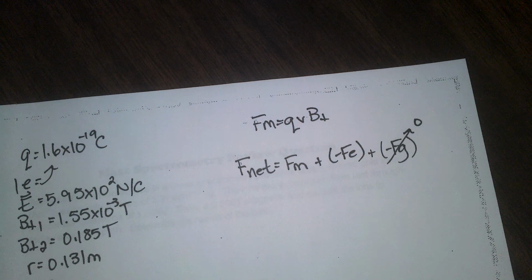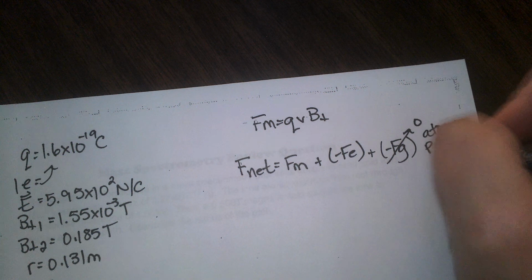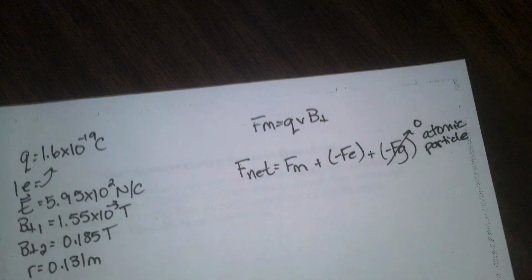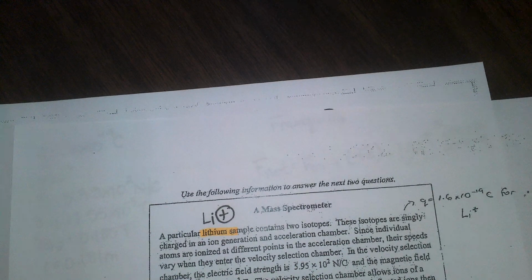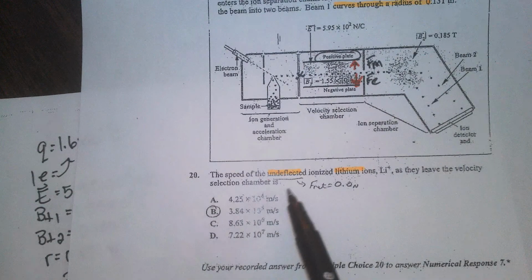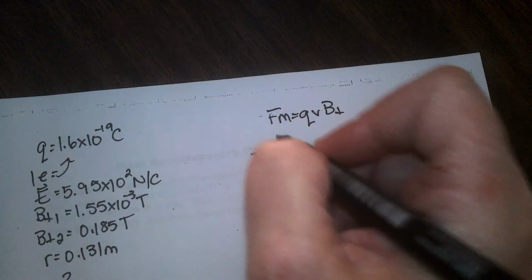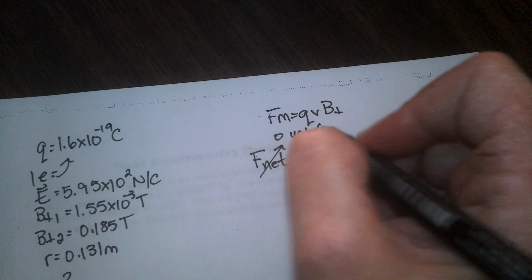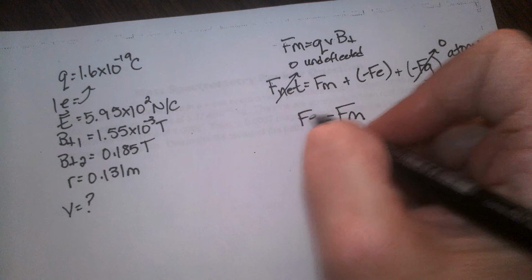Or it's not 0, it's negligible, because it's an atomic particle. In this piece, multiple times, it says undeflected. It says undeflected there, and it says undeflected in the question, which means that force net is 0 because it's undeflected. So now we have force magnetic being equal to force electric.